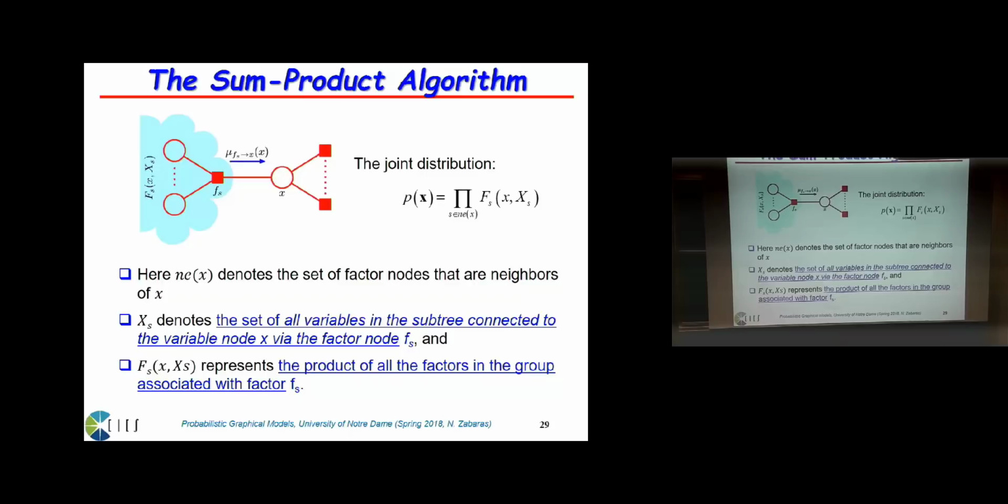I need to integrate out which variables? All of these variables, capital X_s, for all s. So basically, for every tree that originates from these factors f_s that are neighbors of little x, I need to integrate the nodes affiliated with those subtrees.